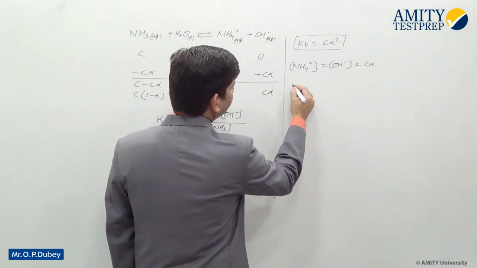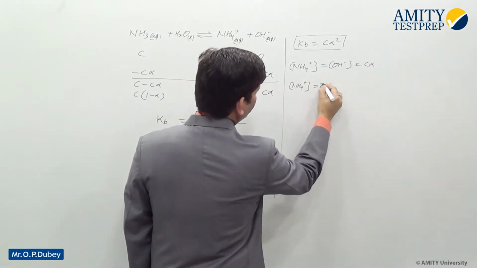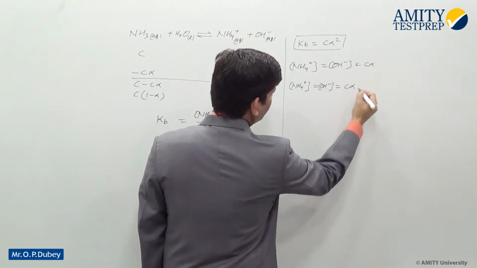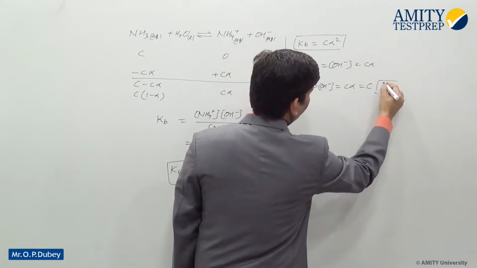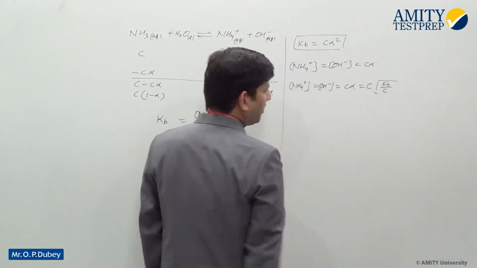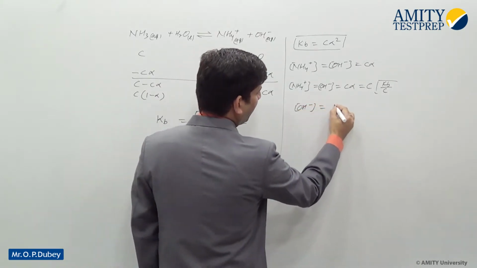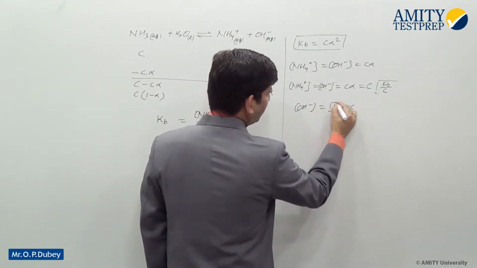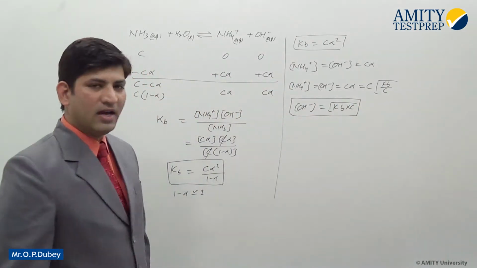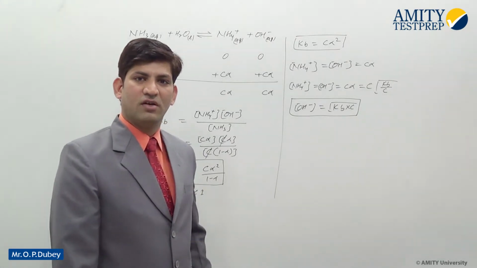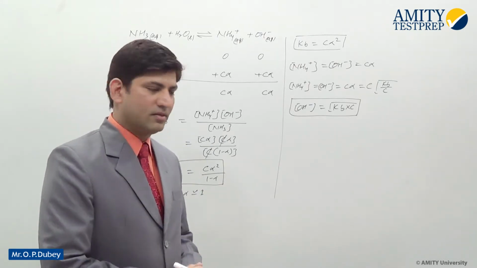We can also write the NH4 ion concentration is equal to OH minus ion concentration is equal to C alpha, and alpha can also be written as under root Kb upon C, and the concentration as under root Kb multiplied by C. From this equation we can calculate the concentration of hydroxyl ion as well as the concentration of ammonium ion in this aqueous solution of weak monoacidic base.